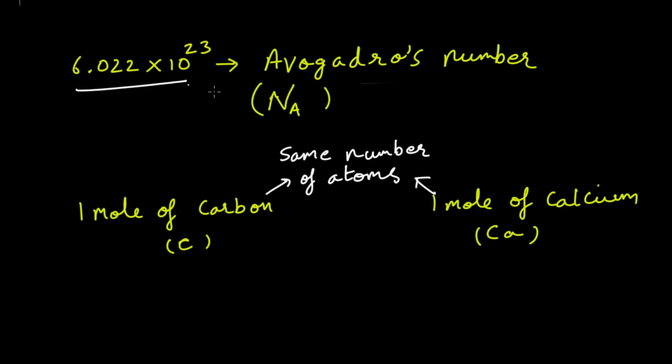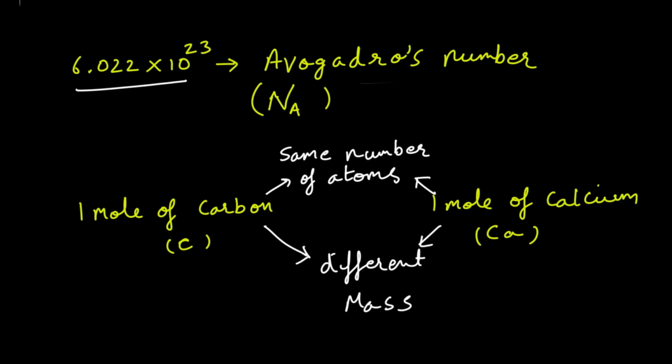Because 1 mole is always equal to 6.022 into 10 to the power 23 particles. But 1 mole of carbon and 1 mole of calcium will always have different mass. Number of particles are the same, but the mass will always be different. So never equate them. Mass is something different and 1 mole is a different quantity.